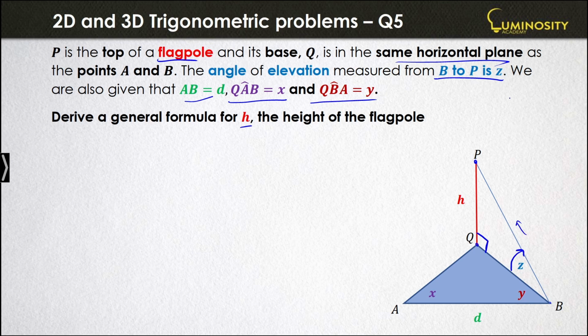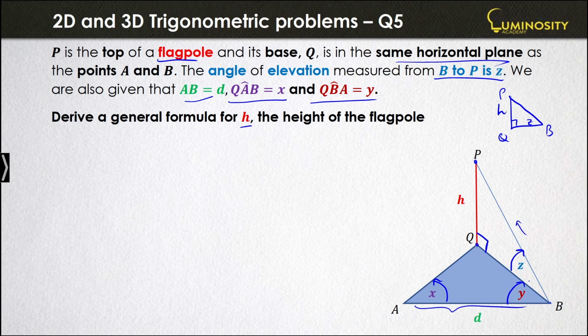So that's within this triangle, PQB. So that's angle Z here, and this is the height H. And we're also told that AB, which is on the floor here, is D units across, and angle QAB, which is on the floor, is X degrees, and angle QBA on the floor is Y degrees.